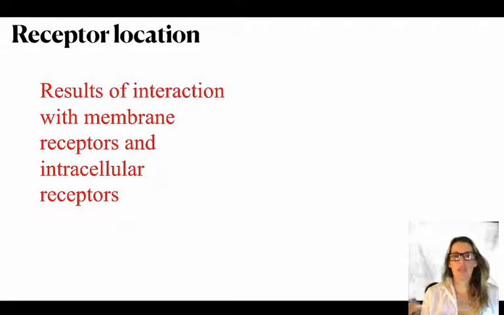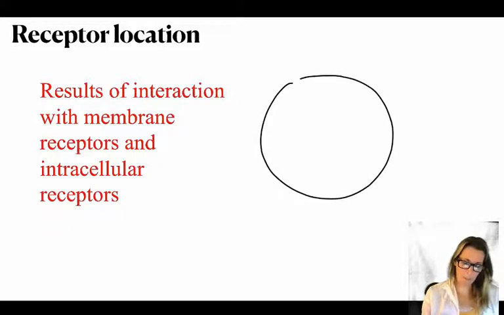Okay, receptor location. So what are the results of the interaction with membrane receptors versus intracellular receptors? Membrane-bound receptors. So here's our cell, and the receptor is on the surface of the cell, and its water-soluble chemical messenger comes and binds. What that does is that causes a reaction inside the cell, and this is a cascade.